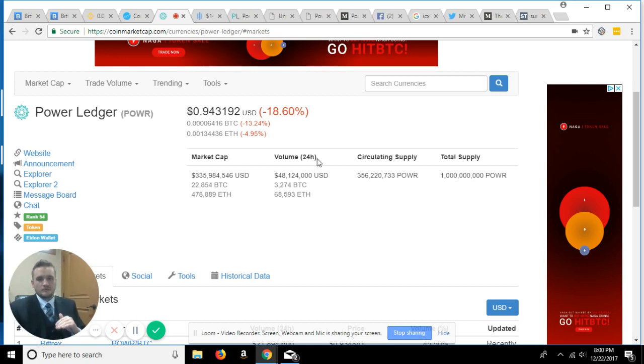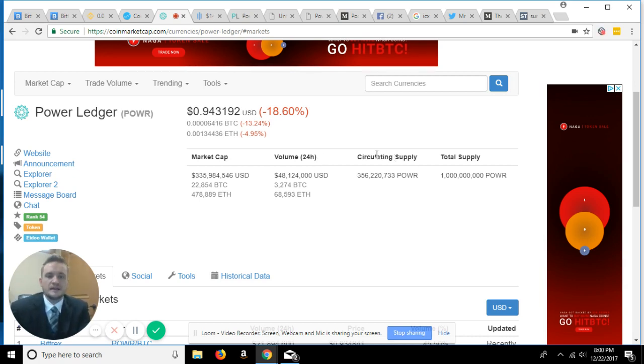You can buy it when it's low and sell it when it's high, and have like a $1,500 spread or a $500 spread per Bitcoin. So that's what volume does: it makes it volatile, because there's a lot of people buying and selling. They don't know what to do, this and that.